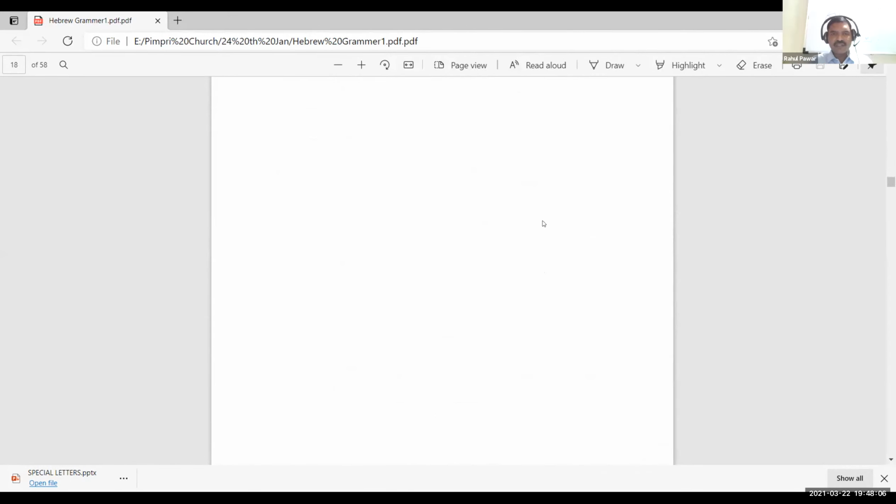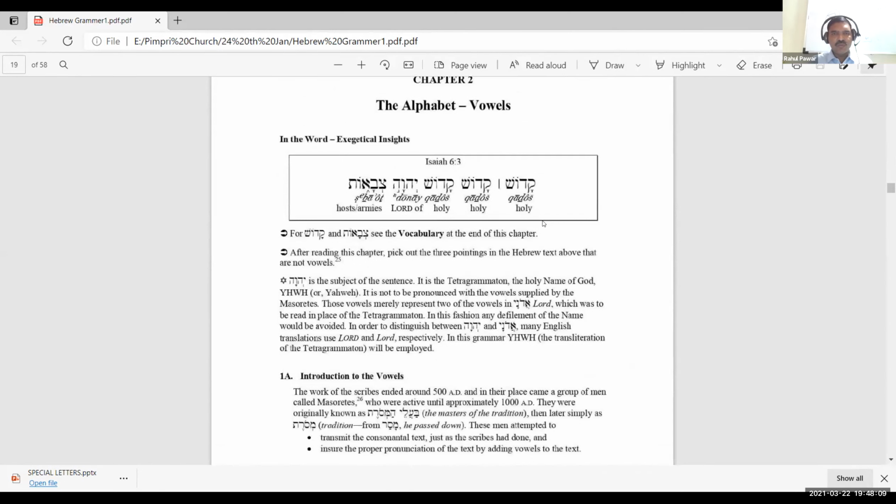Now, if we see chapter 2, we already read this phrase, Kadosh, Kadosh, Kadosh, Yahweh Sevaot. You can observe over here whatever we have learned. See, this is Kop. After Kop, the vowel is comets, and because comets gives an a sound, you can see in the transliteration an a with a bar over it.